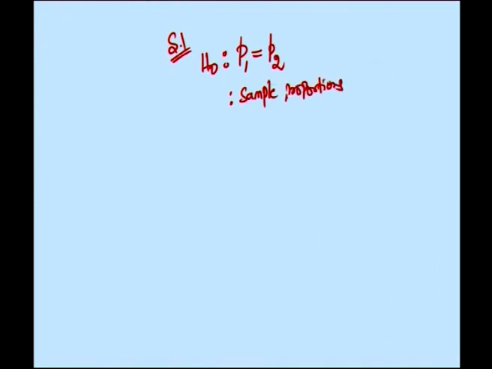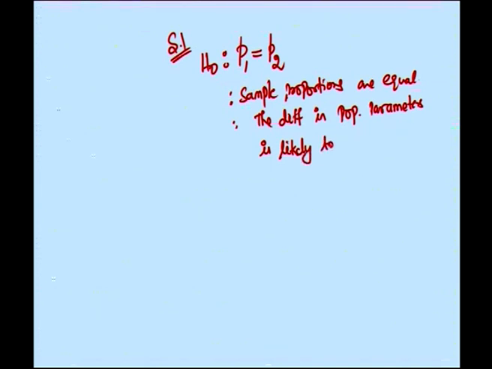So, sample proportions are equal. It means the difference in population parameters is likely to be hidden in sampling.